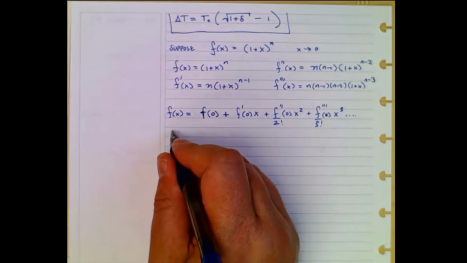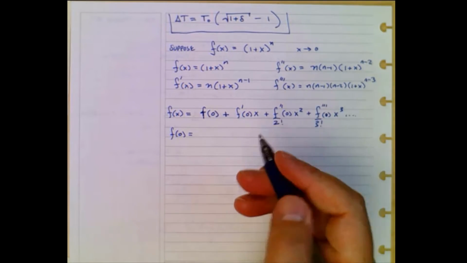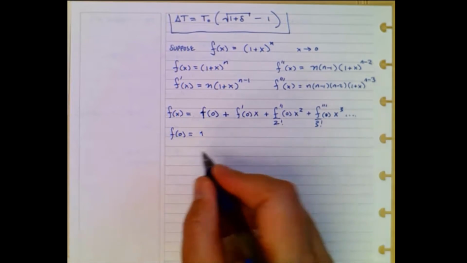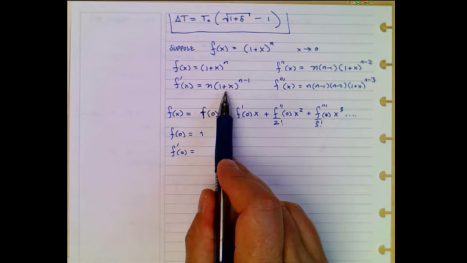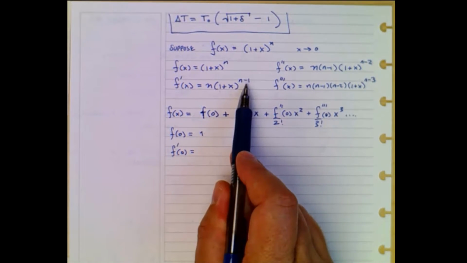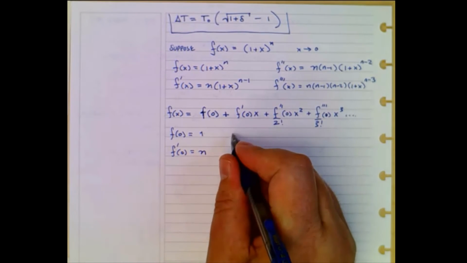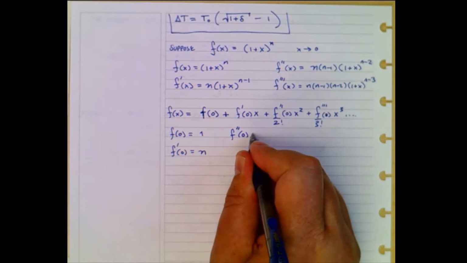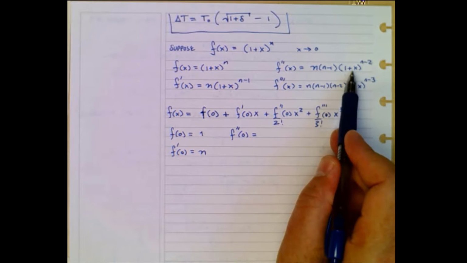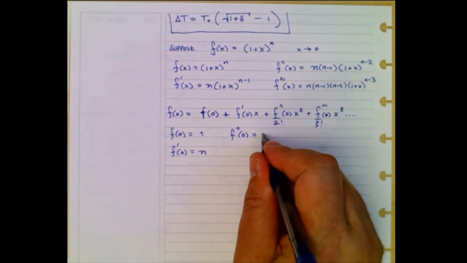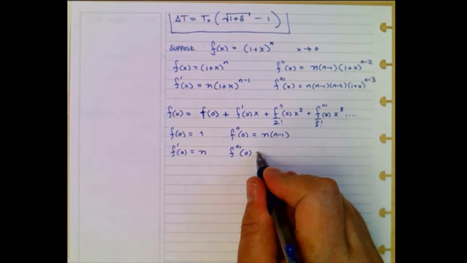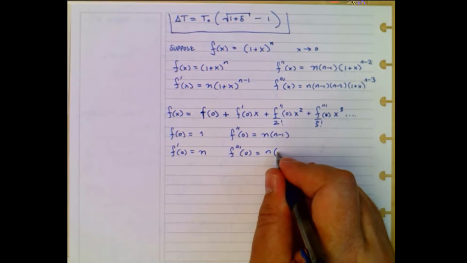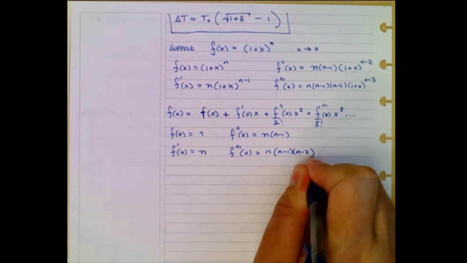And now f of 0 is going to be 1. F prime of 0: 1 raised to any power is 1, so this will be n. F double prime of 0 will be this guy. That whole thing is 1, so this will be n times n minus 1. F triple prime at 0 will be, as you can guess, n times n minus 1 times n minus 2, and so forth.